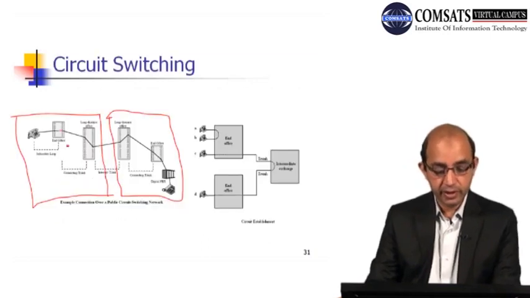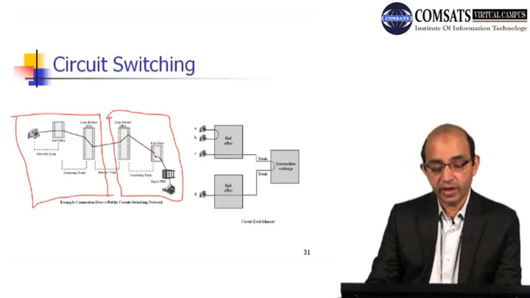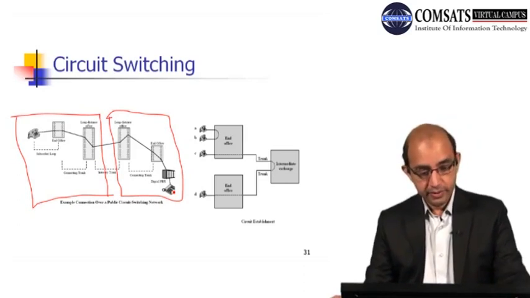So a trunk is allocated, and then we have the local exchange, central exchange, and here again a central exchange, then the local exchange, and then the end user, right?